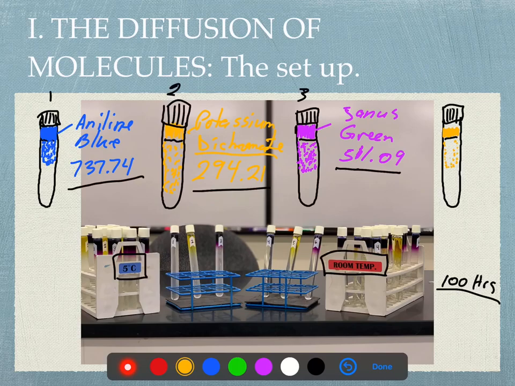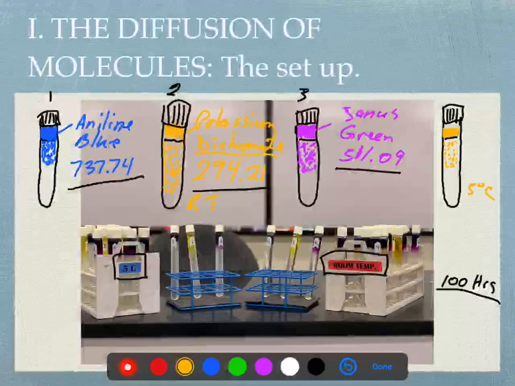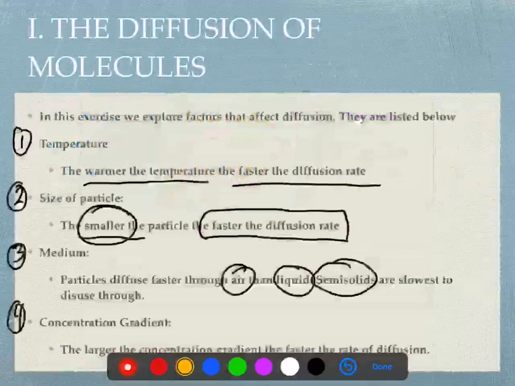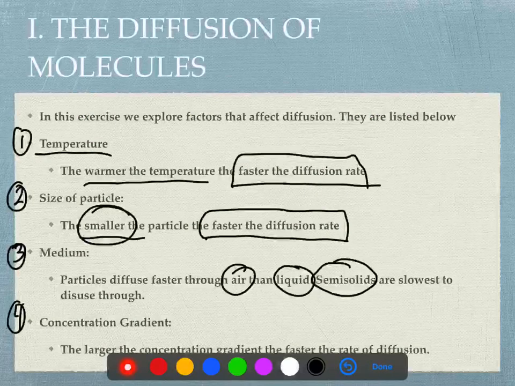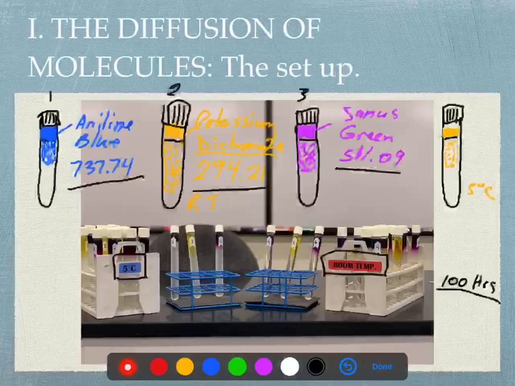And what we might find is that the potassium dichromate that was placed at 5 degrees Celsius did not travel as far into the jello as its sister that was placed in room temperature over here. So this is the 5 degrees Celsius one. And so now we are looking at a second factor that affects diffusion. We're now looking at how the temperature can affect how fast a substance diffuses.